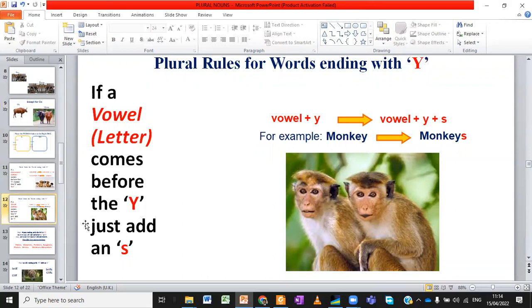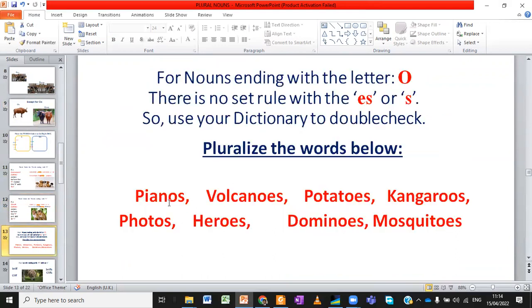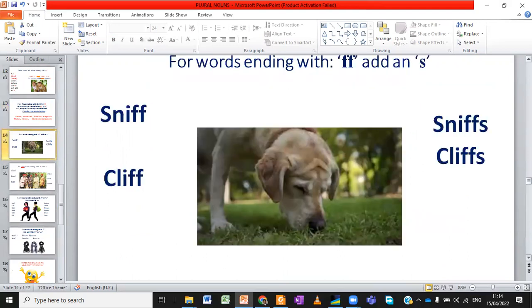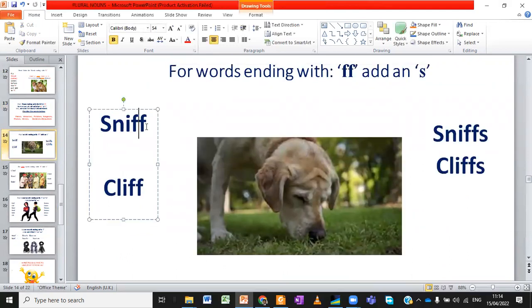So just note these two. And you did this exercise and you got them correctly. Sniff, just add an S, especially once it has FF. Once it has FF, you just add an S.